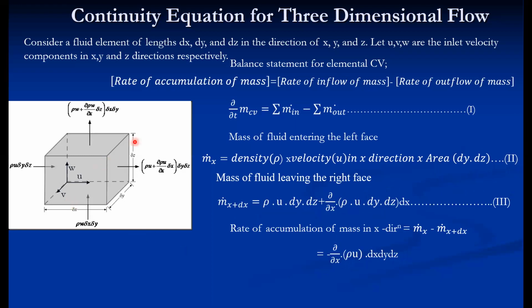Similarly, the rate of accumulation along the y direction we can calculate. In that case, the variation along the y direction we consider, that is ∂/∂y of rho v. In the y direction we consider the y component velocity, that is v. The volume remains constant, that is dx dy dz. And along the z direction, x is replaced by z and u is replaced by the z component velocity, that is w. So the same thing is done here.